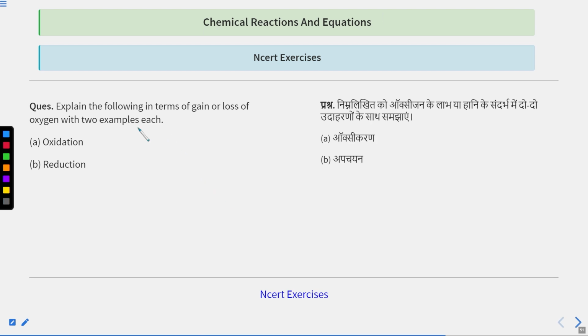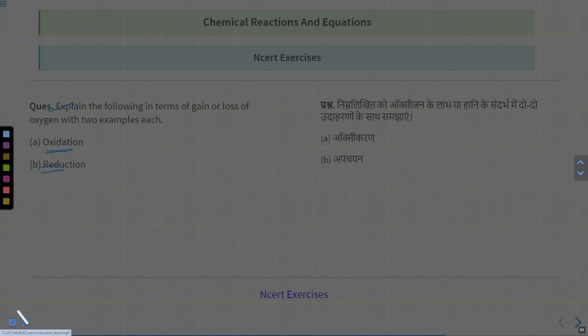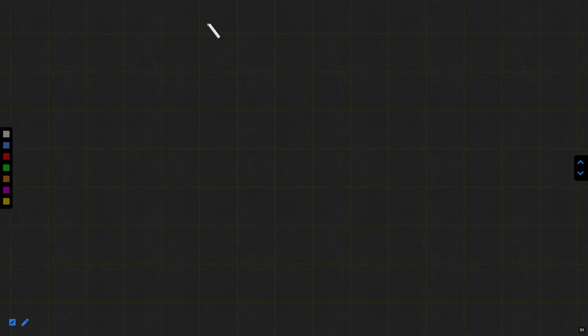You can see the question here. Explain the following in terms of gain or loss of oxygen with two examples each. This is a very simple and easy term, that is oxidation and reduction. You know very well what oxidation is, right? In the next grade, you will learn many other definitions of oxidation and reduction in different terms.